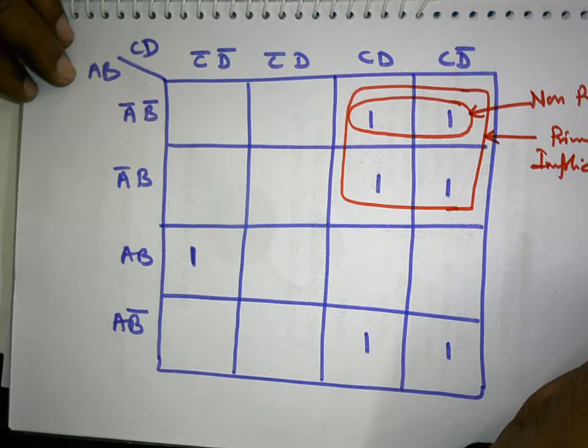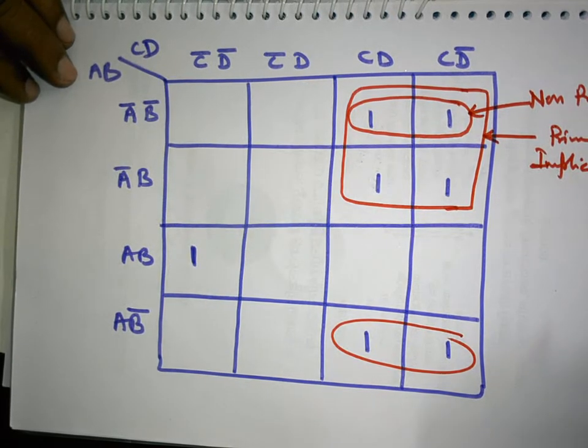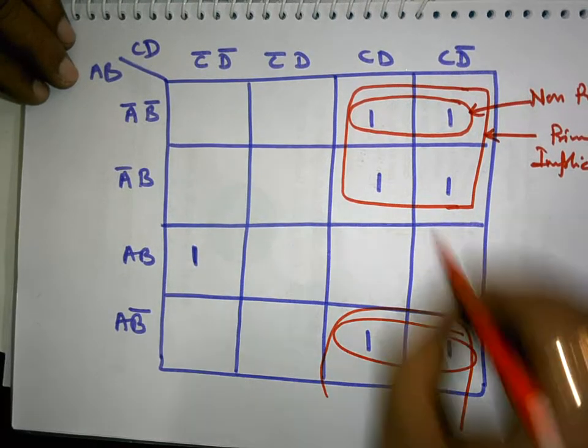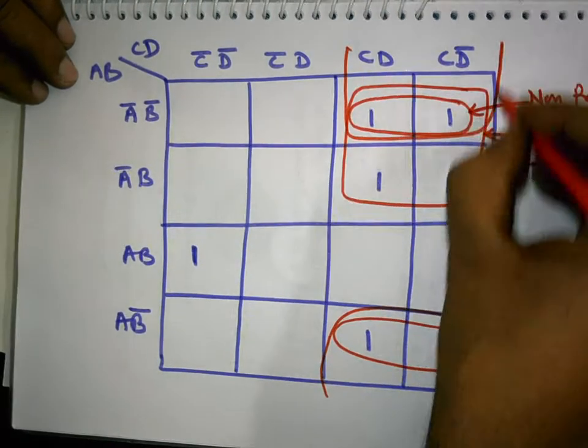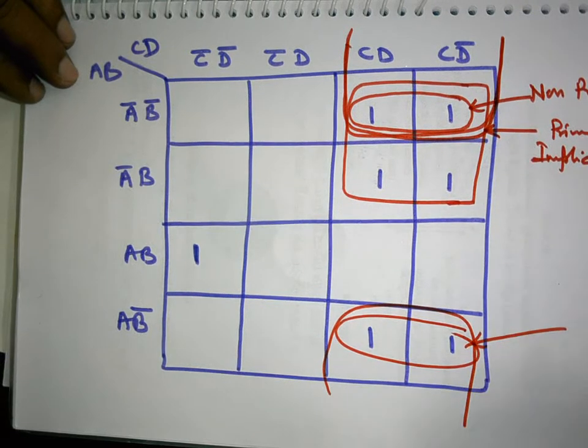There are adjacent ones available, and this is a prime implicant or non-prime implicant. These two ones together with these two ones form a quad. This way, this is the prime implicant, and this happens to be the non-prime implicant.